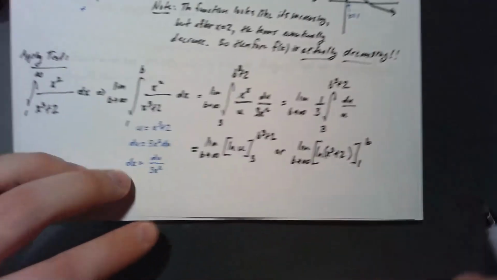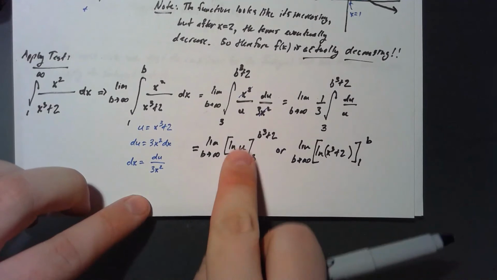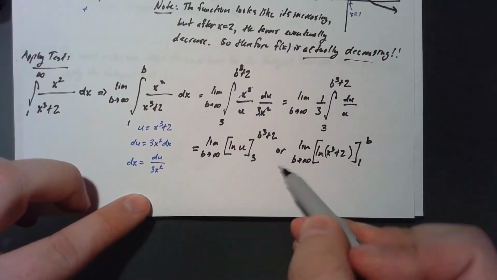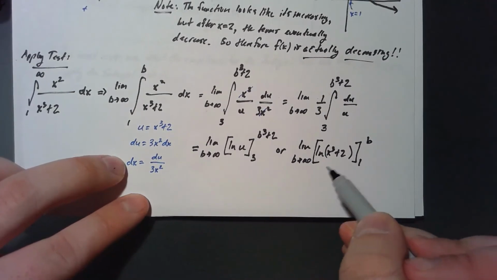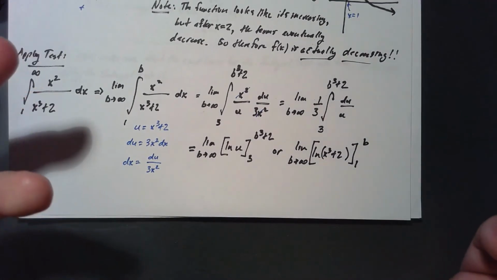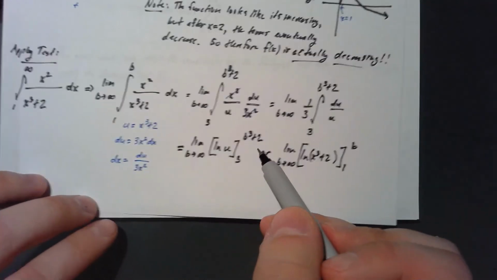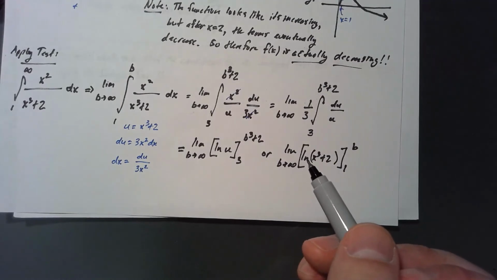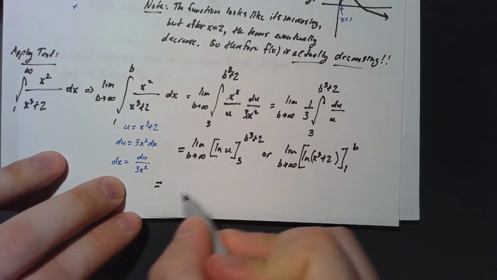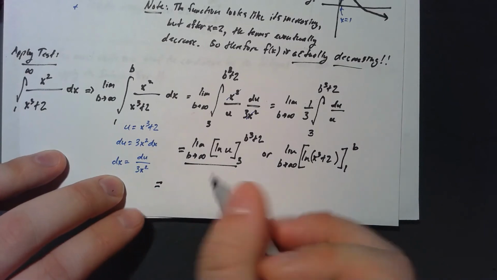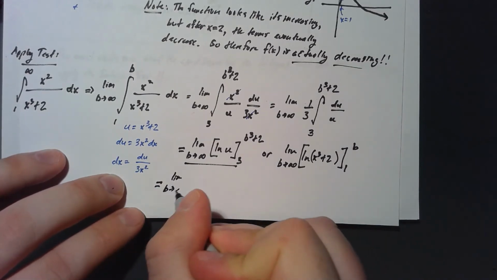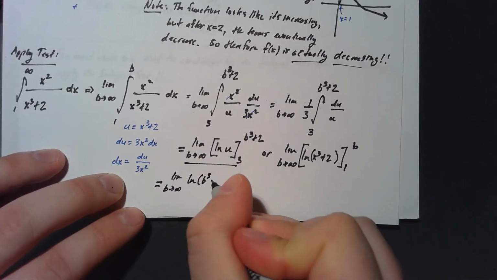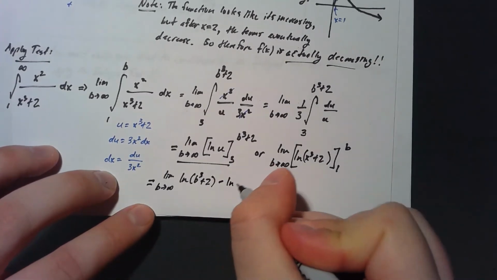Either one of these is just fine. If you replace the bounds in terms of u instead of x, you could do that here, or you could just evaluate the bounds in terms of x after you replace u when you integrate it. That's up to you. So if I do this, I'm going to use this one. Plug in the bounds, so I'm going to have the natural log of b cubed plus 2 minus the natural log of 3.